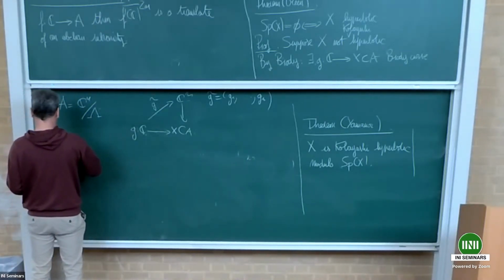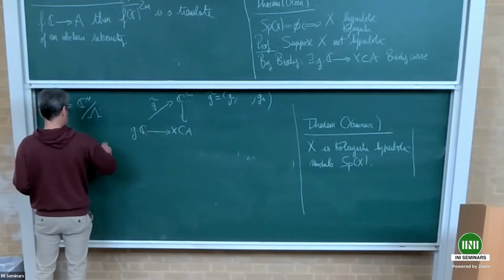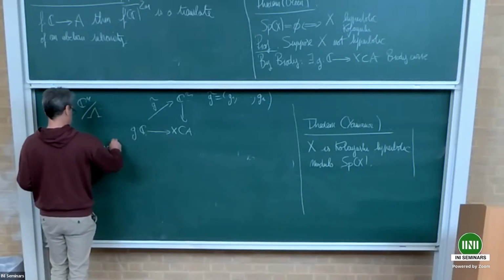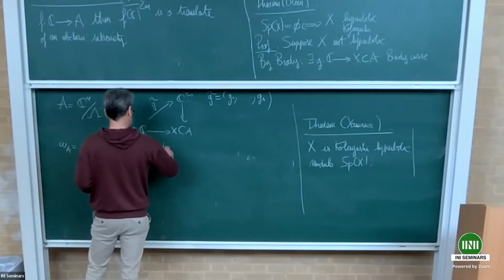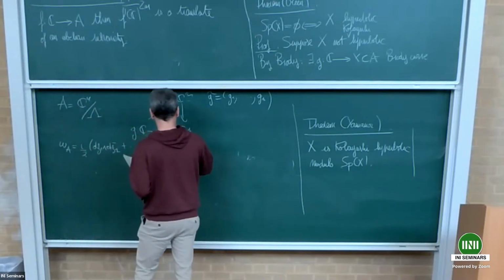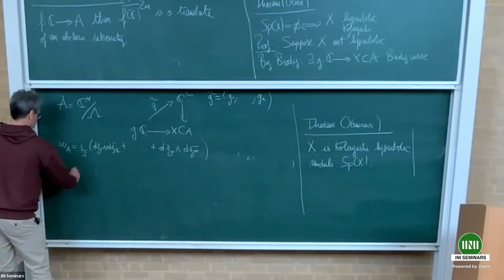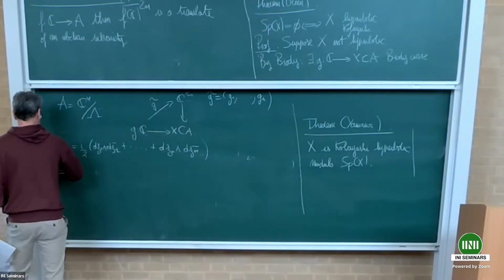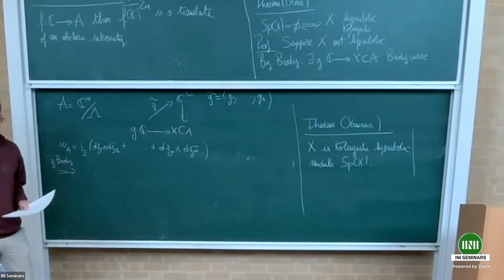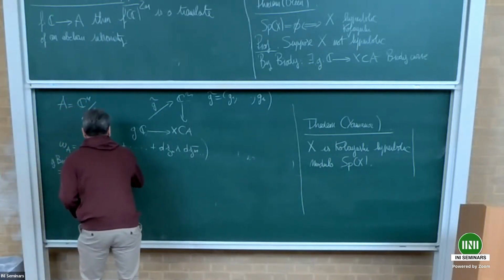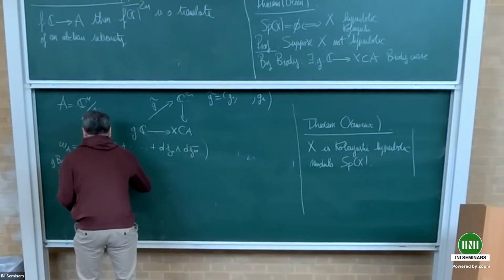This will also be used in a crucial way by Yamanoi, that we have this metric on the torus. A Brody curve means that the derivative is bounded. So what does it mean? It means that certainly there is a constant C such that this function is bounded, right?